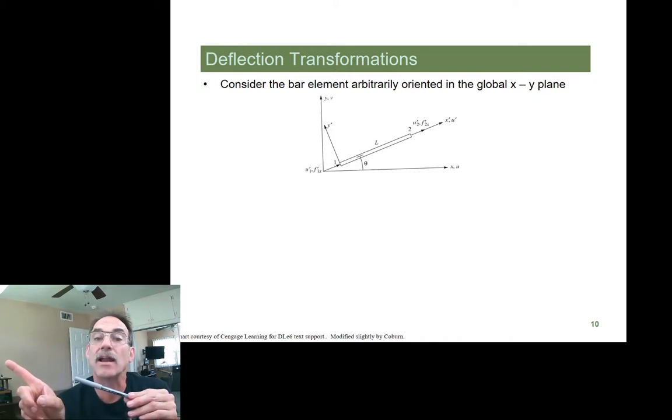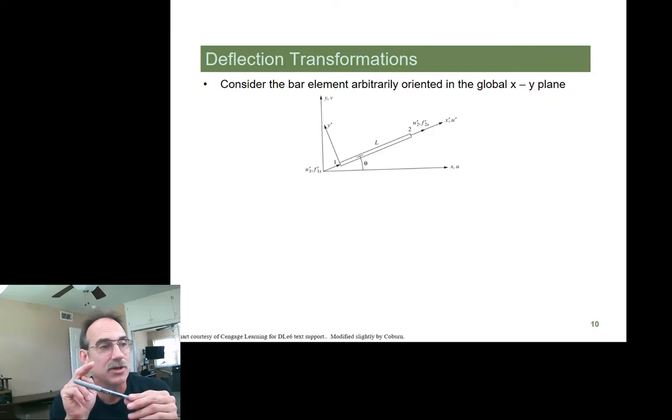This is where we can write our equations. What we're going to focus on at this moment is, what are the global coordinates of this node? In local coordinates, this node was at 0 and this node was at the length of the bar. In global coordinates, we're going to have an x and a y coordinate for both.